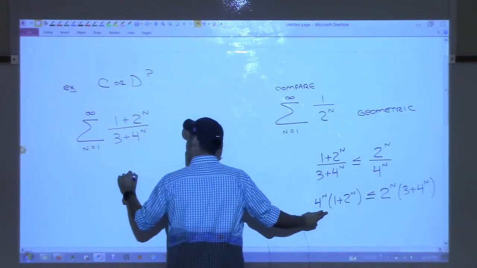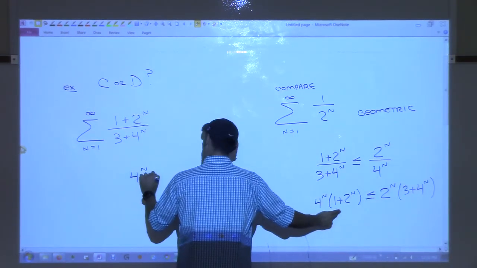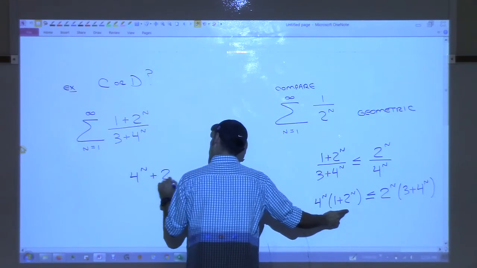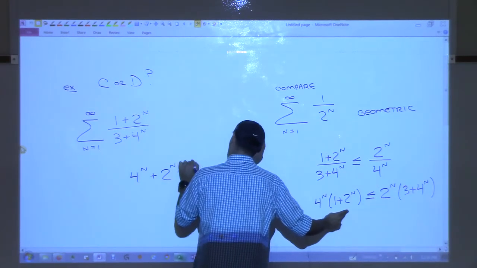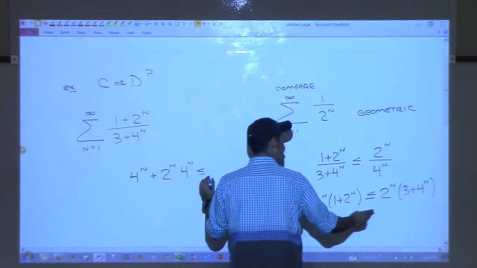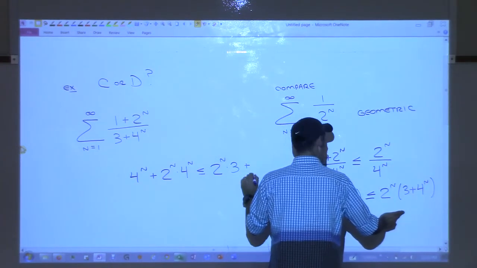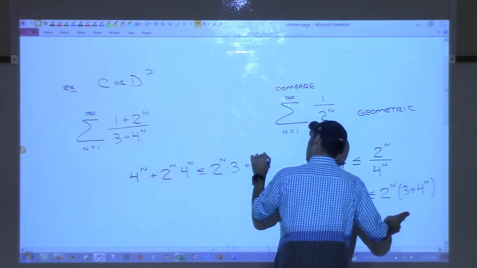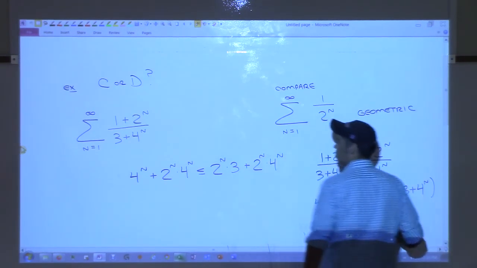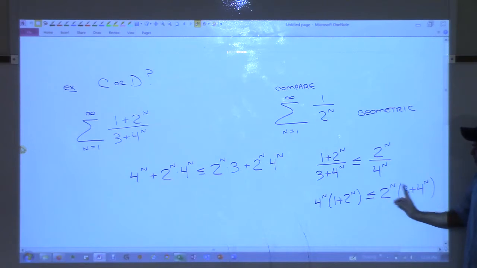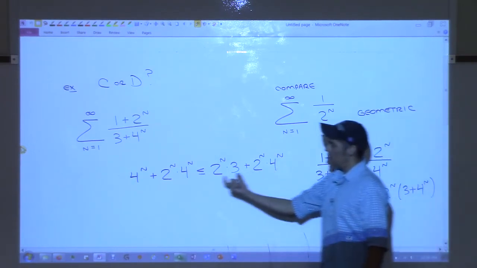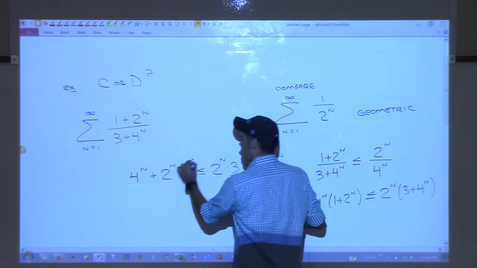If we distribute, we have 4 to the n plus 2 to the n times 4 to the n, less than or equal to 2 to the n times 3 plus 2 to the n times 4 to the n. Isn't that what we would get? So this and this are the same, aren't they? Okay, so that can go away.